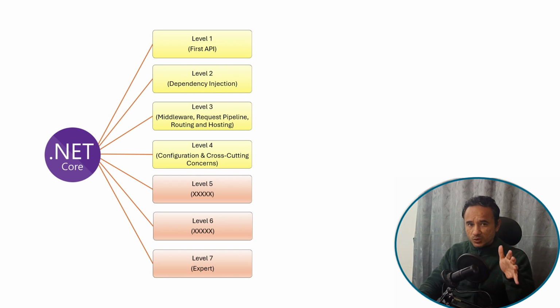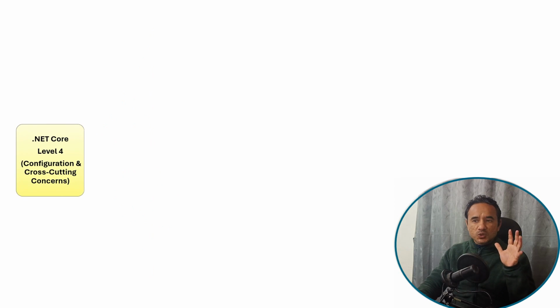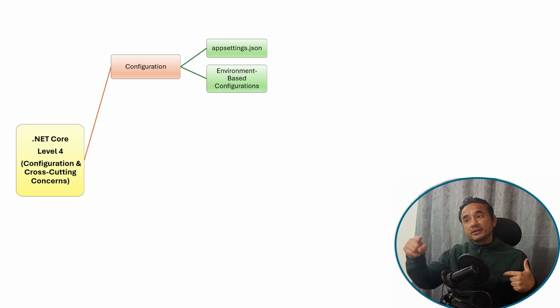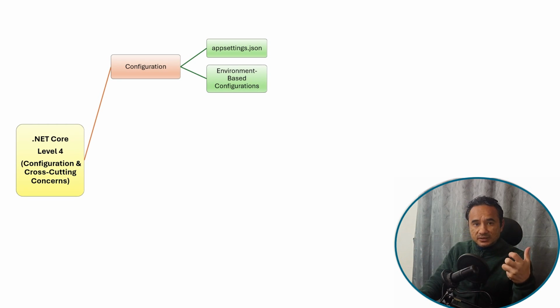That is the purpose of this roadmap. So in level 4, first let's start with configuration in .NET Core. Configuration in .NET Core is mostly done in appsettings.json, where you store your application settings like the database connection string and other things. Then yes, you can override appsettings via environment-based configurations.